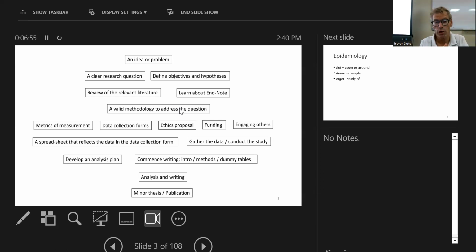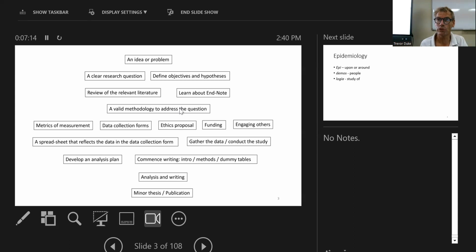Now, you can write the introduction and the methods very early in this process. In fact, for your proposal, you'll have to write a short proposal, and you should think of your proposal as being just the start of your report or your thesis at the end of it, so that you don't duplicate things.